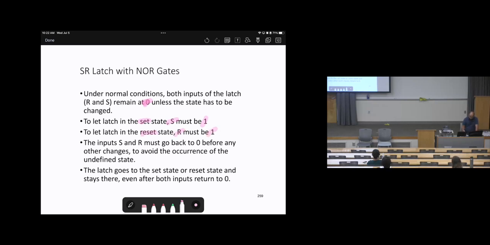That's why it's called set or reset. Set, Q equals 1; reset, Q equals 0. So if I need to store 1, make S 1. If I need to store 0, make R 1. Keep in mind, after turning this on and storing the data, return it back to 0. This is a must.